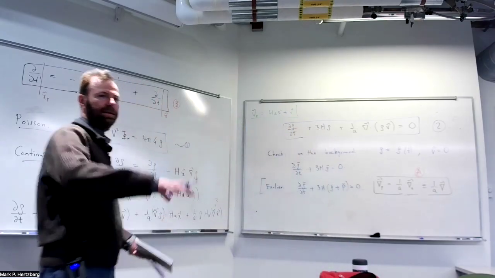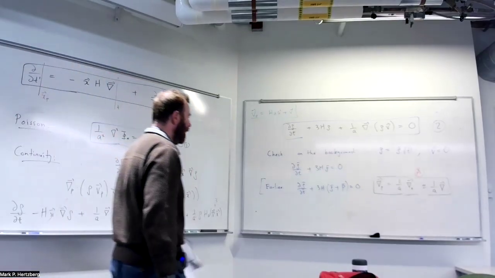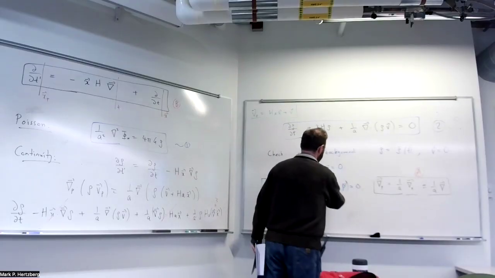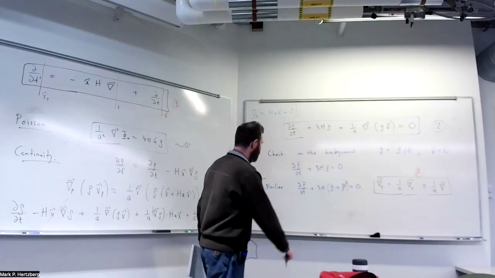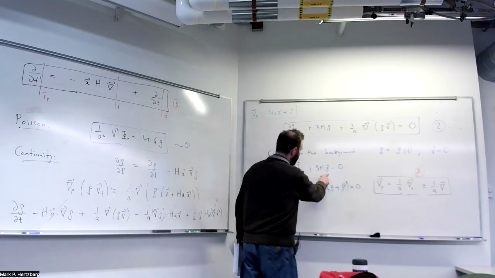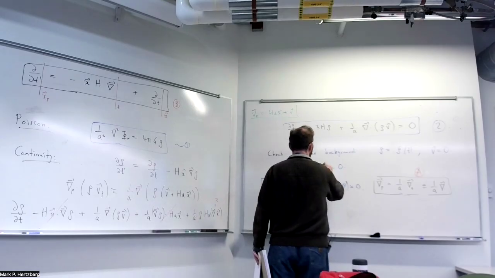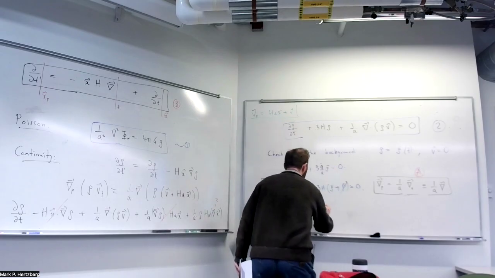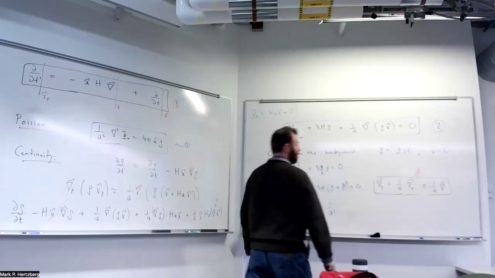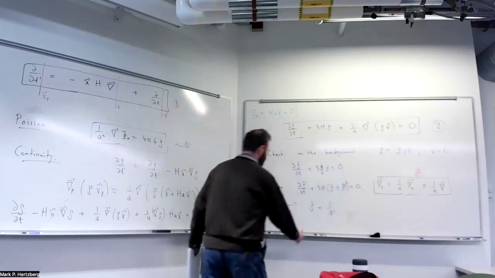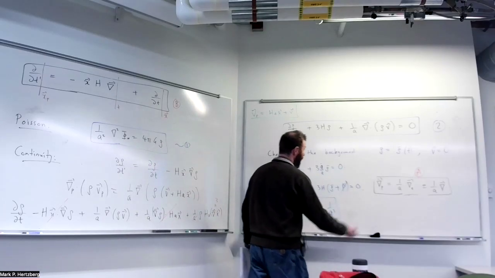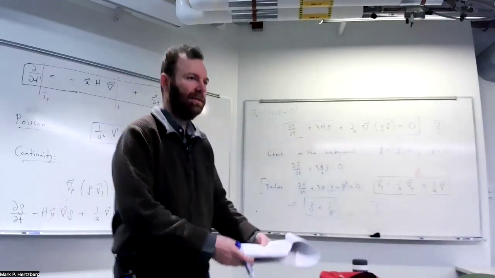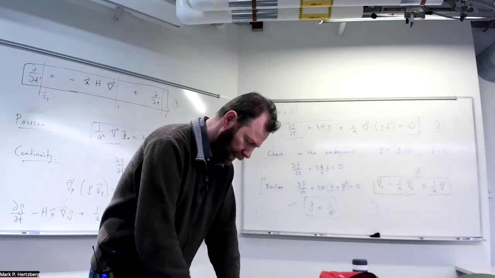But this material is slowly moving stuff, so its background pressure can be ignored. And so this is gone, and we're left with that. We're not going to go through the solution again, but you can check that it has solution rho bar proportional to 1 over a cubed. This is just the familiar statement that matter redshifts like 1 over a cubed as the universe expands. Okay, good.